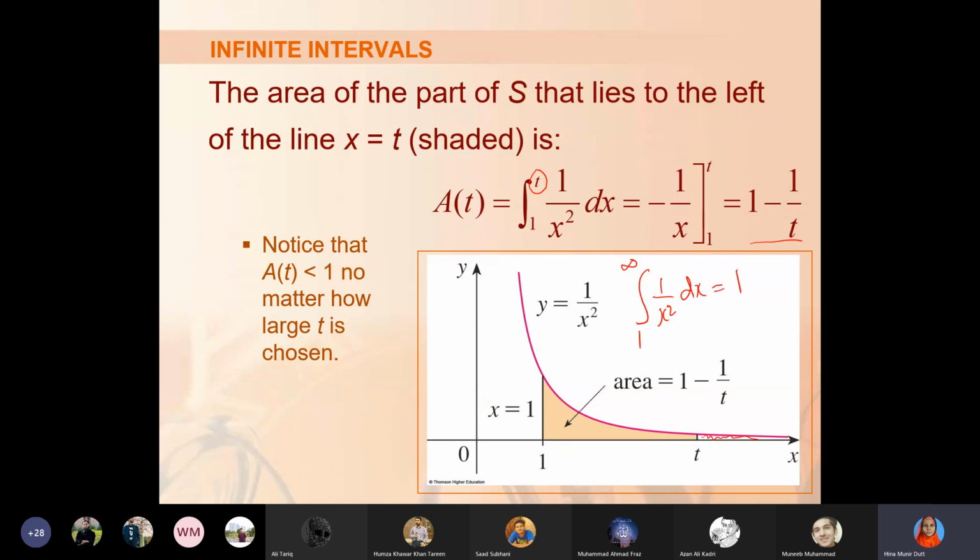That is, this has a finite area. Although the region seems to be infinite, the area of this infinite region is equal to 1. So, in other words, I will say this improper integral converges. If I get some finite number after evaluating the improper integral, then in that case I will say that the improper integral converges, right?